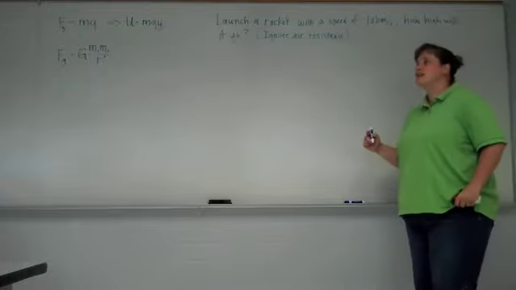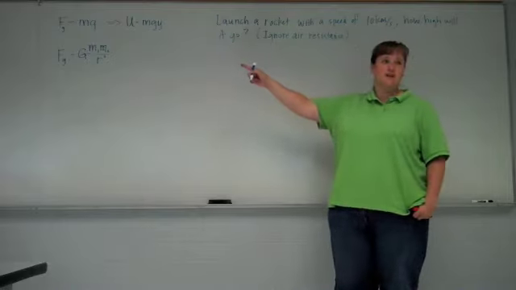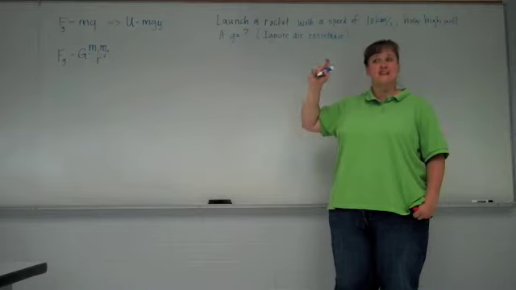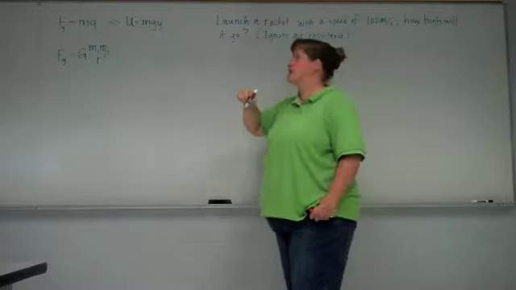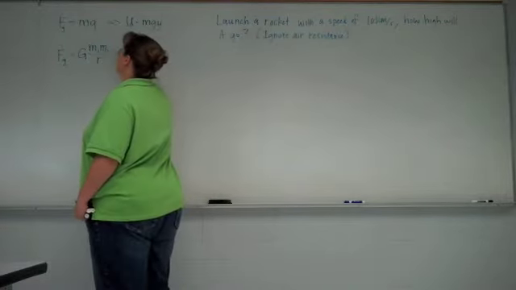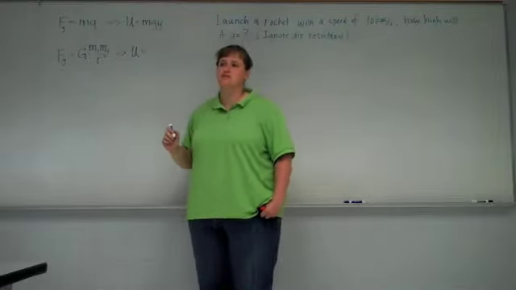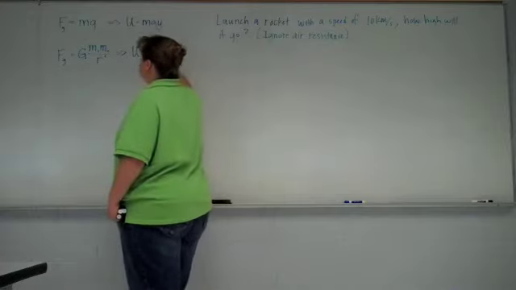When we integrate this force with respect to distance, what is the integral of 1 over r squared? 1 over r squared is the same thing as r to the negative 2. So r to the negative 1 over negative 1. We get a different potential energy equation, but we get it the same way, we integrate it. The integral of 1 over r squared is negative 1 over r.